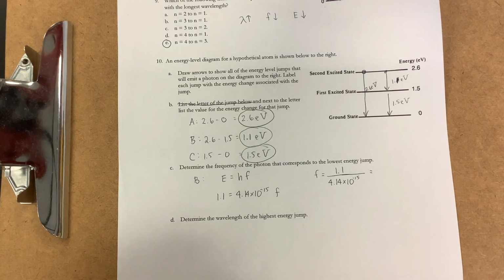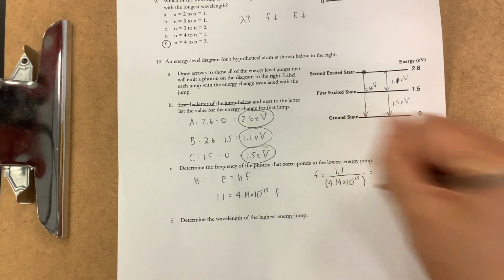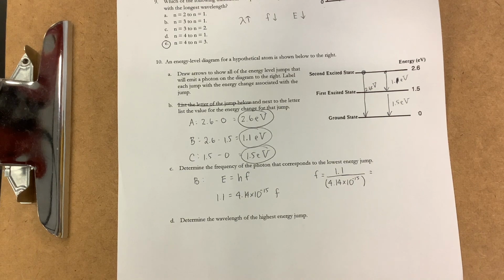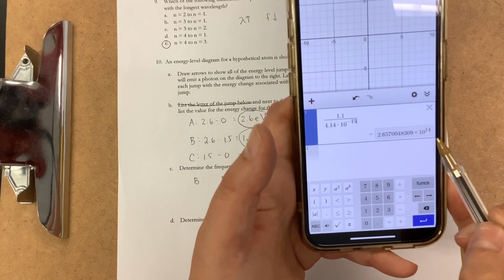If you're not using Desmos, I'm going to remind you again to put the parentheses in the denominator. If you do this in your calculator and you forget this set of parentheses, you're actually going to end up with a number that's very small instead of what I'm looking for, a number that's very, very big.